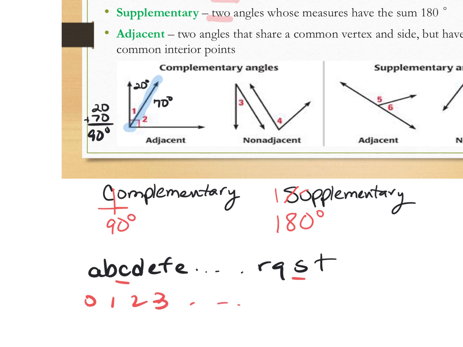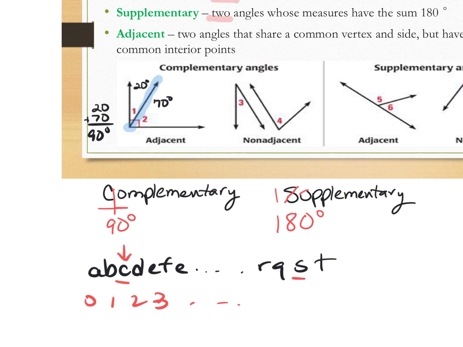And C is the smaller part of the beginning of the alphabet, so it goes with the smaller number. Whatever's going to help you to remember that the complementary are two angles that add up to be 90, and supplementary are two angles that add up to be 180.